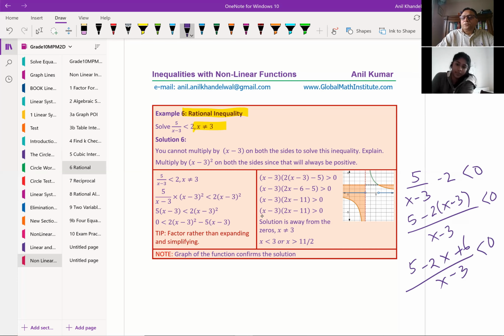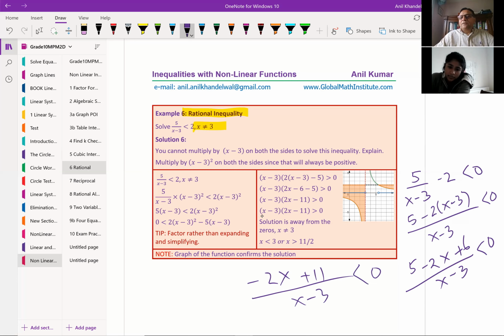So you have minus 2x, and when you combine these terms you get plus 11, over x minus 3, less than 0. Once you have that, use the interval table and write down your answer. Remember to look for a negative because it's less than 0. Agreed. That is the method which is normally adopted and is the correct method.